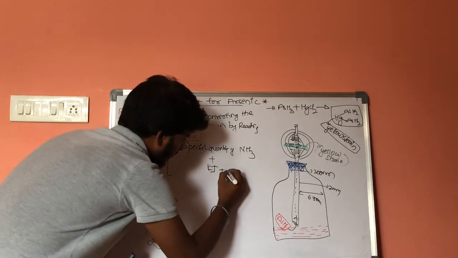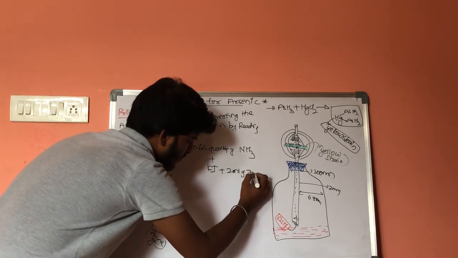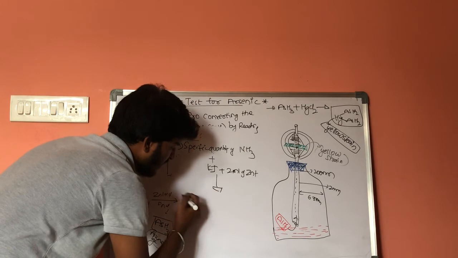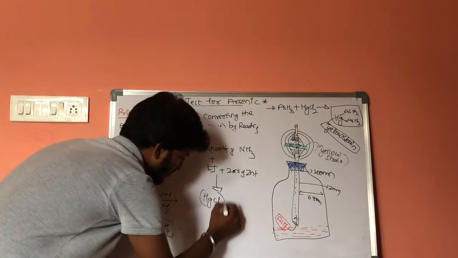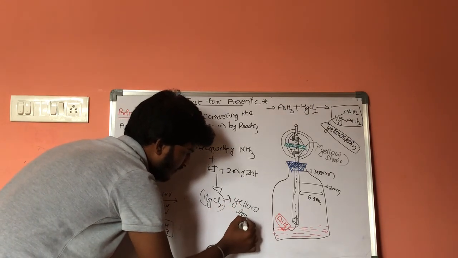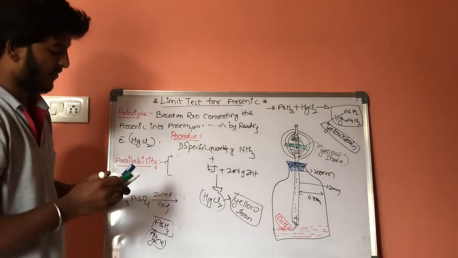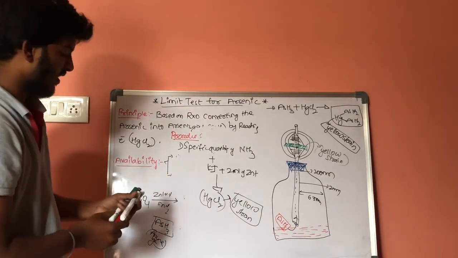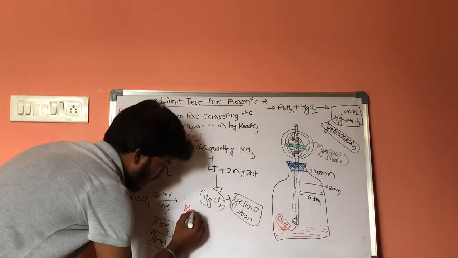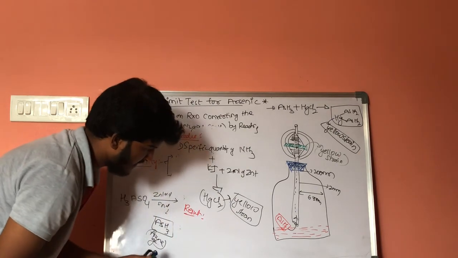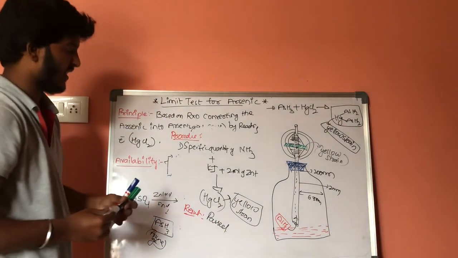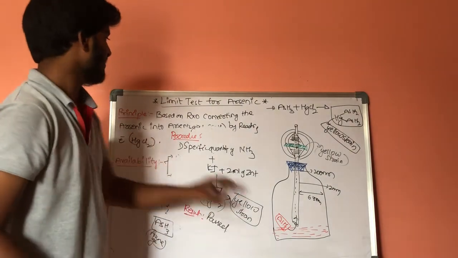Then 2 ml of zinc solution will be added. After adding the zinc solution, we should react it with the mercuric chloride paper. After reacting with the mercuric chloride, a yellow stain will be obtained. This is the procedure, and the result is that a yellow stain will be obtained, and the arsenic limit test is passed. The observation is that a yellow color stain can be obtained. This is the limit test for arsenic.